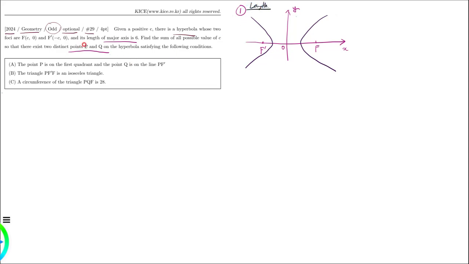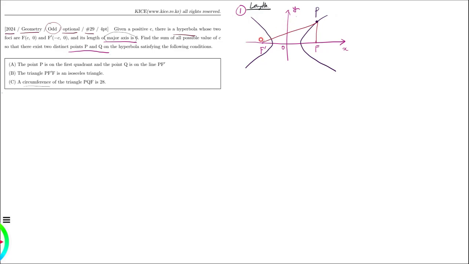The whole point of this problem is about length, circumference, and the major axis. The length of the major axis is 6. Let's say we have a point P on the first quadrant here, and then we can draw a line from it to each focus.